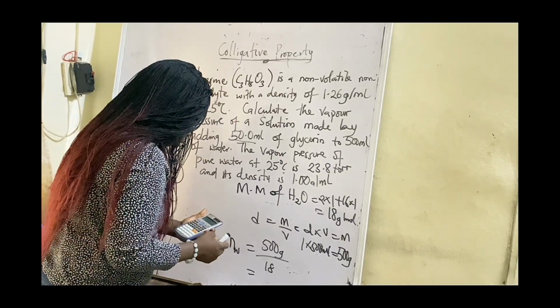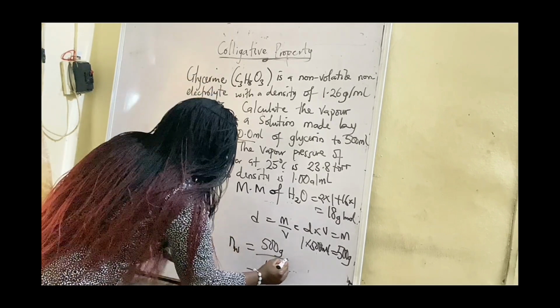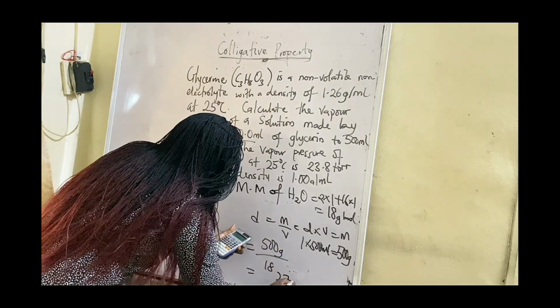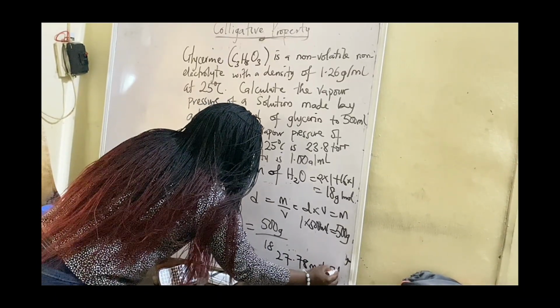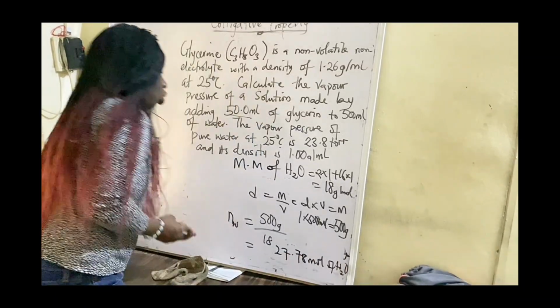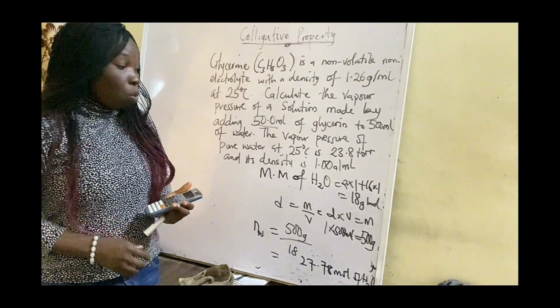That will give us 27.78 moles of water. So we've gotten that of glycerin and now we have gotten that of water.